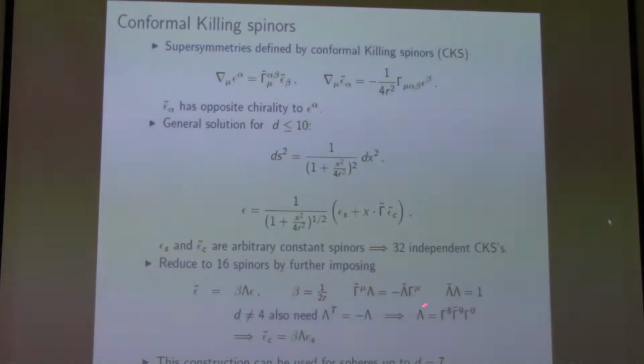Not only that, we have to have that the square of these two is equal to 1. And also, another condition turns out, if d is not equal to 4, we have to say that these lambdas are antisymmetric. I should also say that in this particular basis, I can choose a basis where the gamma matrices are symmetric and real. So this lambda transpose here has to equal minus itself.